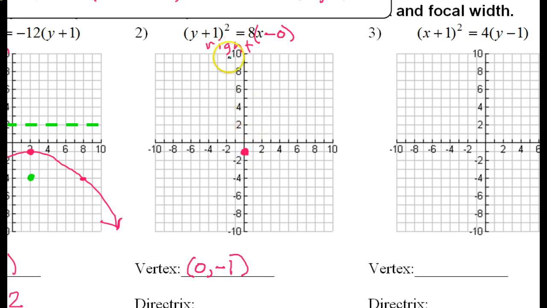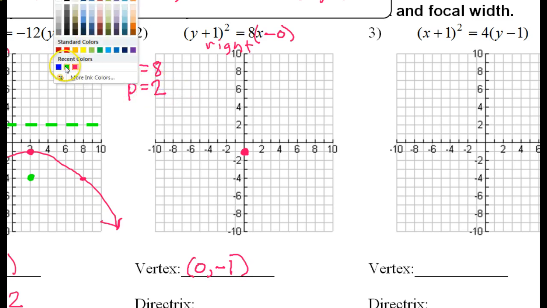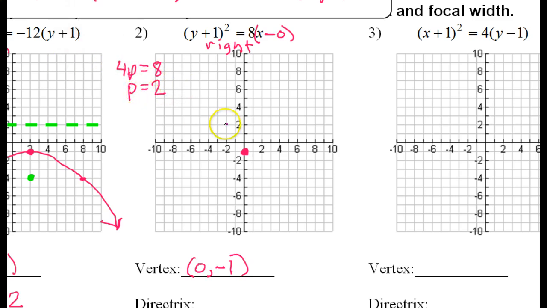So vertex. Next, I need the p-value. Okay, so my p-value, this is going to the right. Well, I know that 4p is equal to 8. So that means p, if I divide, is equal to 2. That tells me where to put the focus. All right, remember, I'm going to the right.